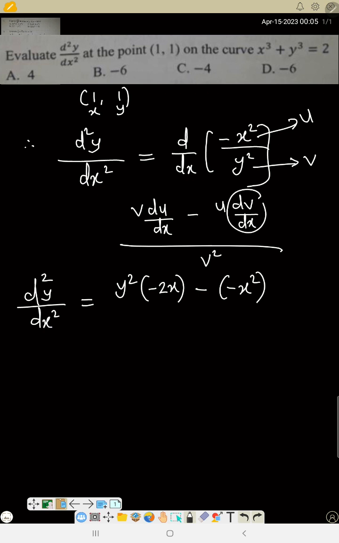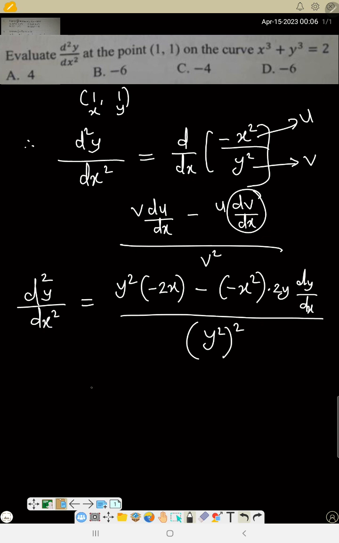Remember, it's dv ds, but it's y that I have here. So anytime you differentiate that, you must have the dy ds. So that will be 2y dy over ds, everything divided by v squared. So v is y squared, so that will be y squared squared, like that.